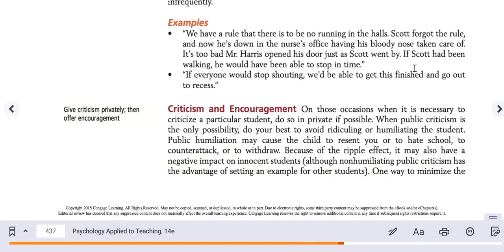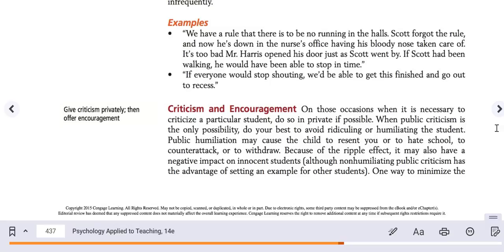Criticism and engagement. On those occasions when it is necessary to criticize a particular student, do so in private if possible. When public criticism is the only possibility, do your best to avoid ridiculing or humiliating the student. Public humiliation may cause the child to resent you, or to hate school, or to counterattack, or to withdraw.